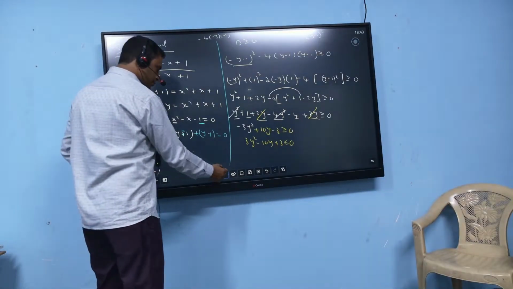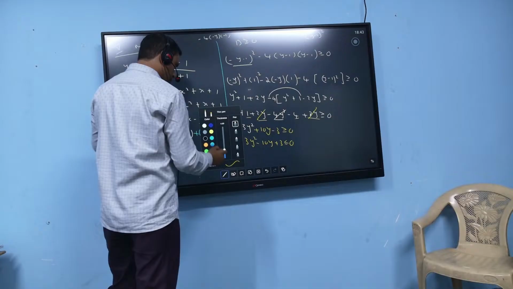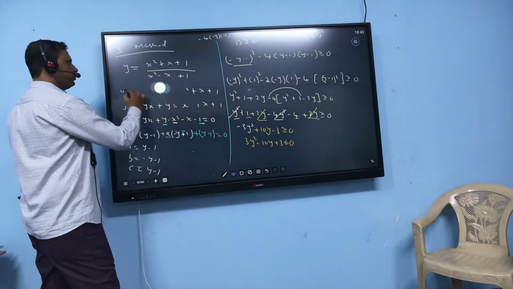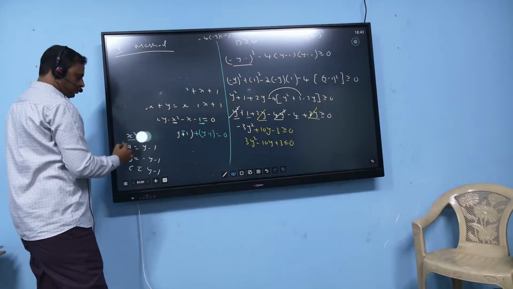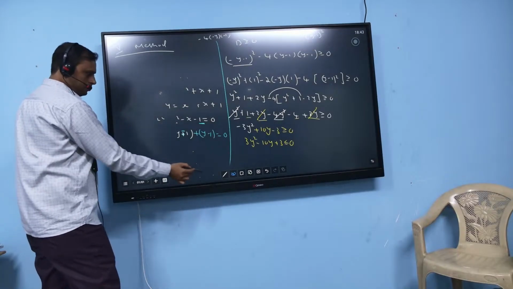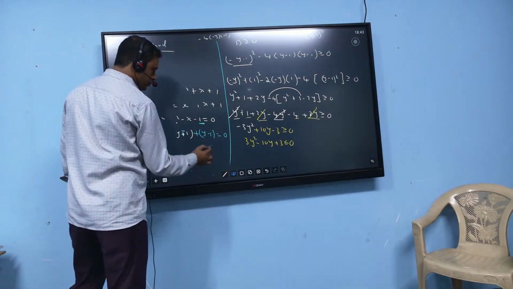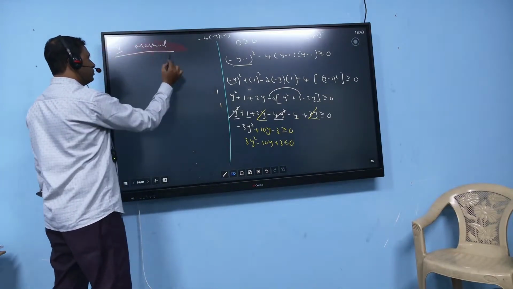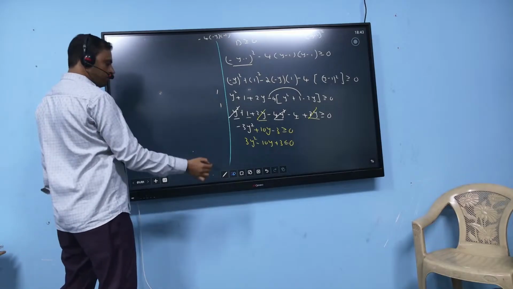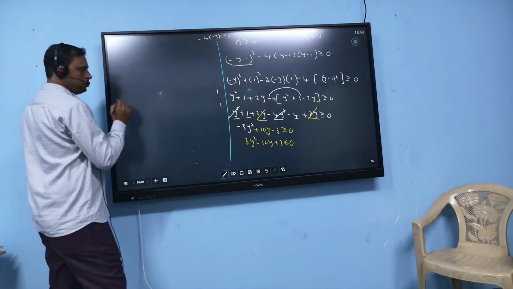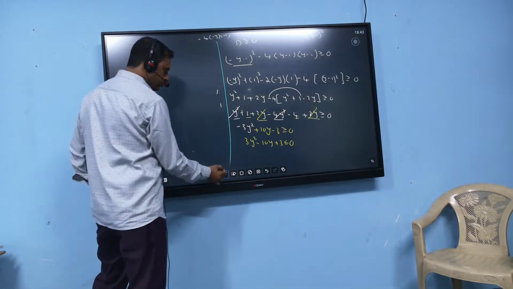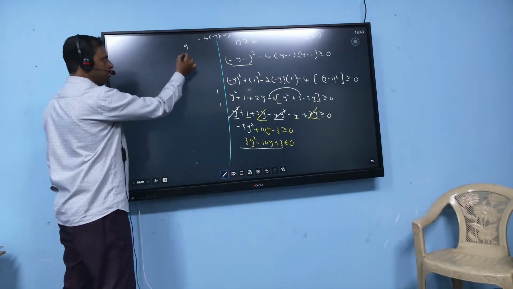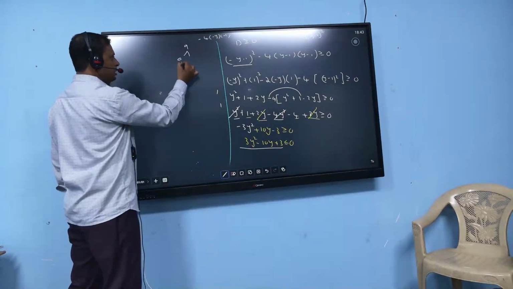Now next step. 3 threes are 9. 9 and 1, the factors are minus, minus.